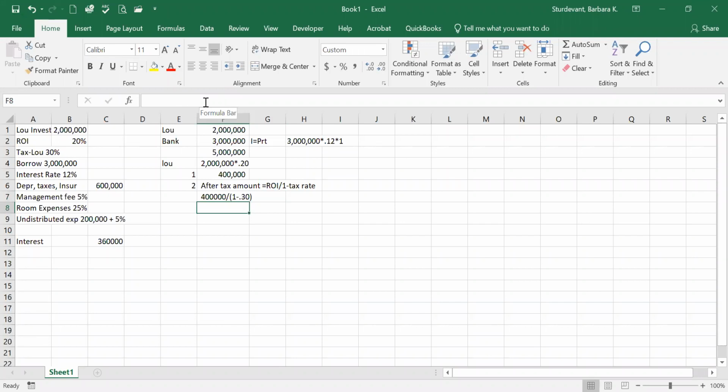Otherwise it's going to divide by 1 and then minus 30%, which is minus 0.3. So make sure you do this in the right order. So that is what we have to build in for the owner.